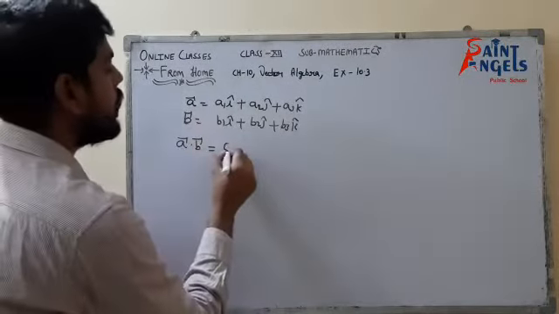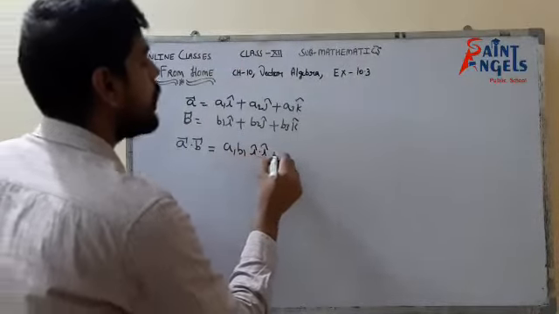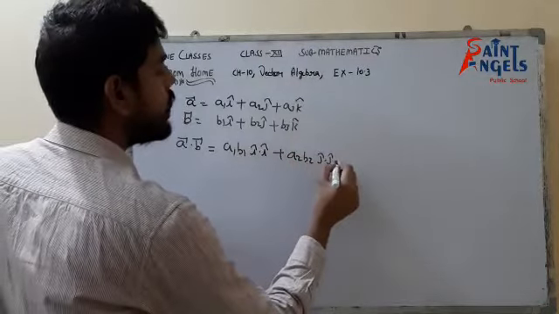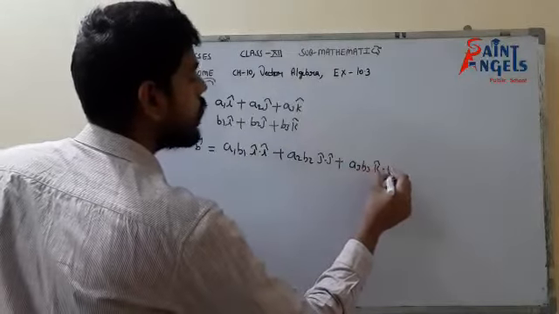So that would be A1 B1 i cap dot i cap plus A2 B2 j cap dot j cap plus A3 B3 k cap dot k cap.